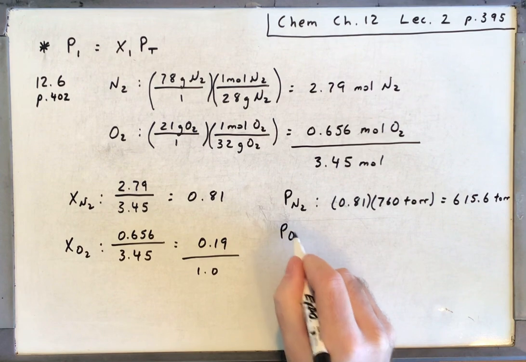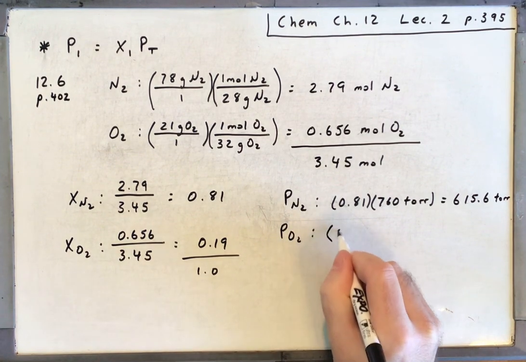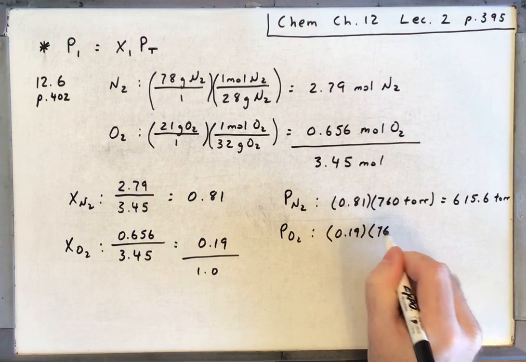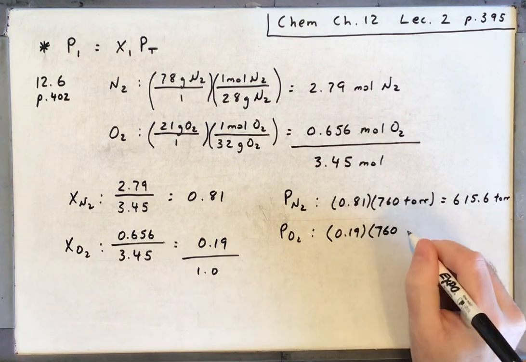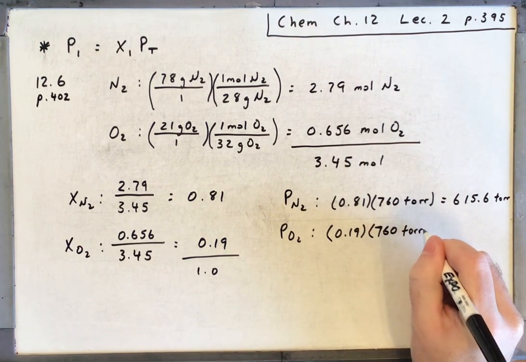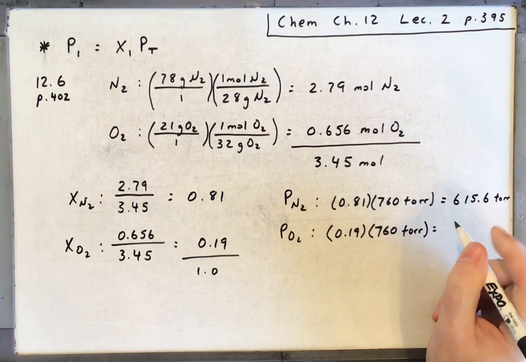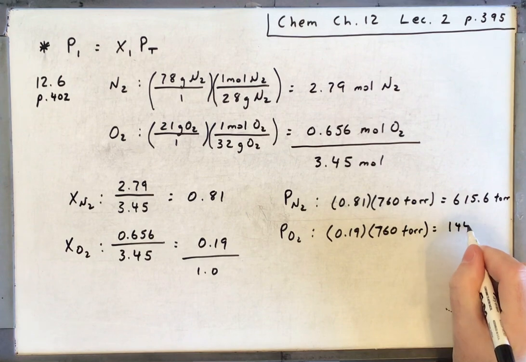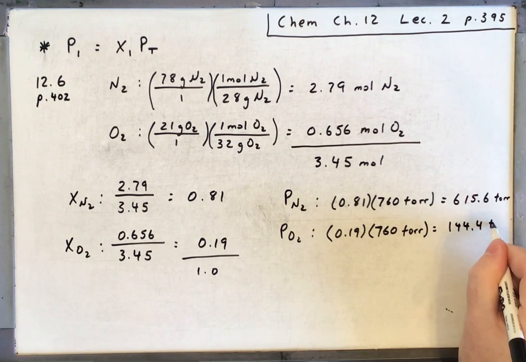And then the pressure on O2, we take that mole fraction, 0.19, times the total pressure, 760. That gives us 144.4 torr.